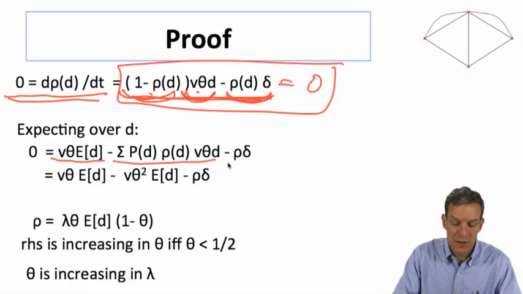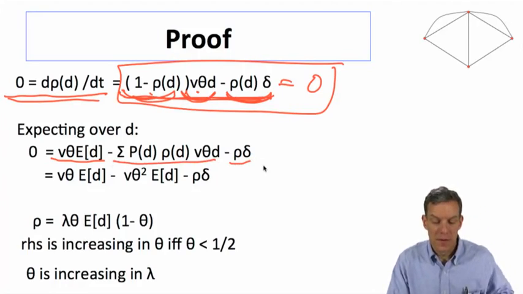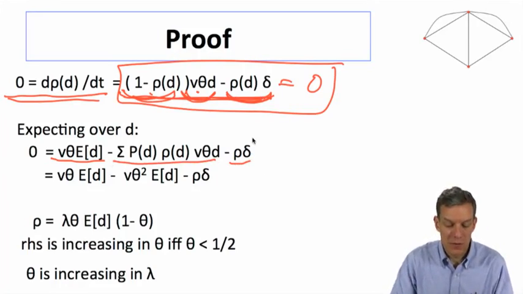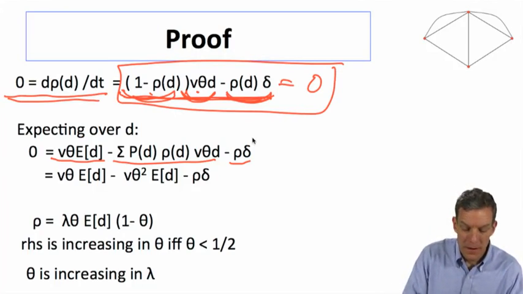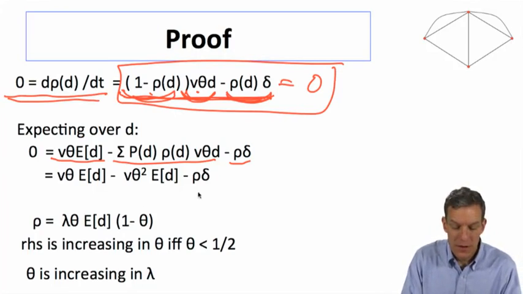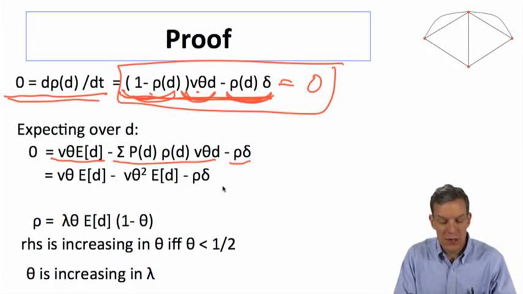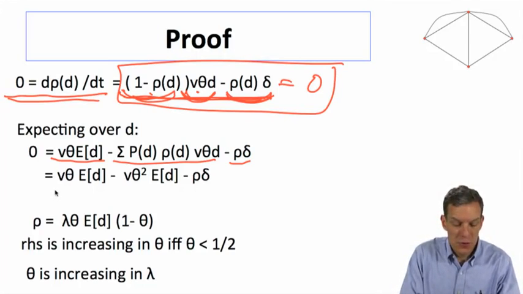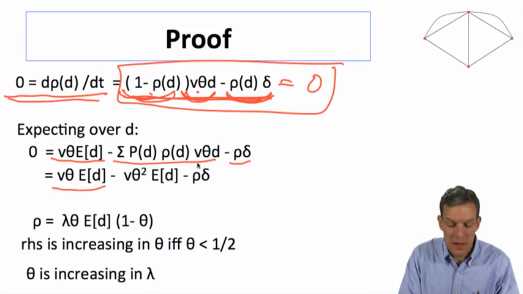Take an expectation of this, you get the actual overall rho times delta. And so what we end up with is an expression where this first one looks like v times theta. This, if you take that expectation, is just our definition of what theta was.